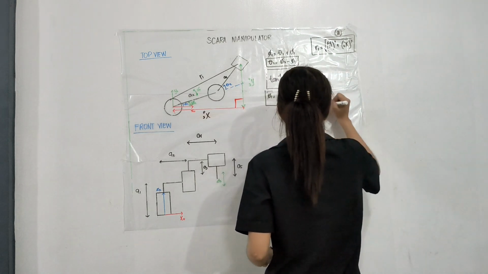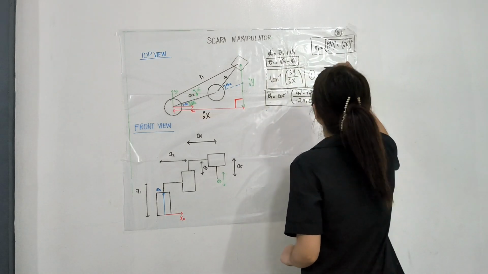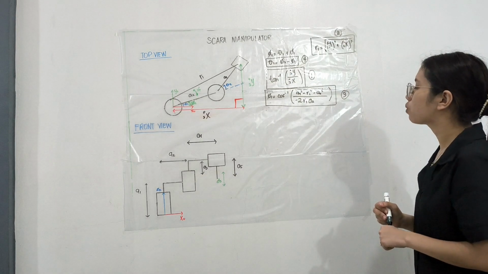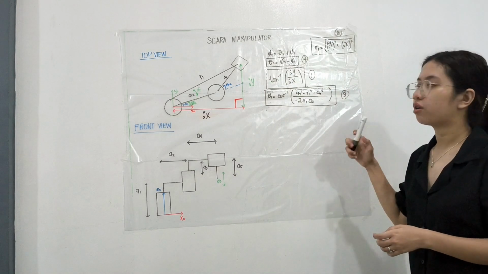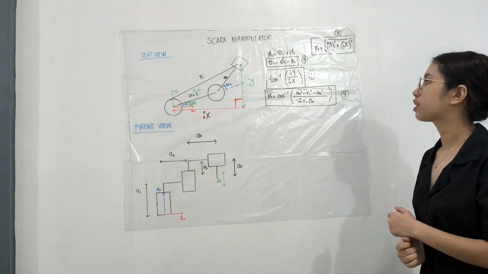We will box this because this is our third equation and this will be our fourth equation. Now that we have the values here, we can solve for our theta 1.